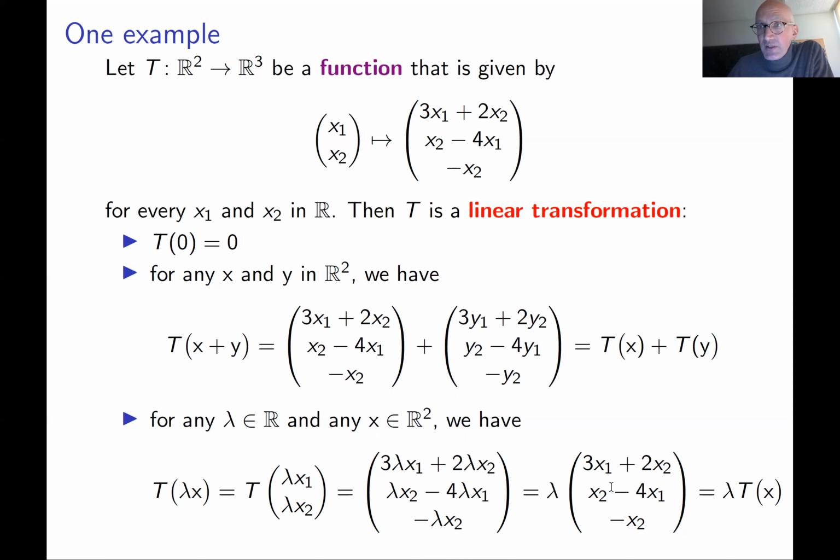If you have a vector, you can multiply it by a number, basically using this property. But this is nothing but lambda times T of x. So we proved that T is a linear transformation.